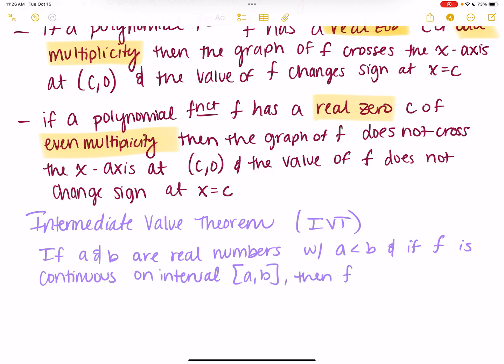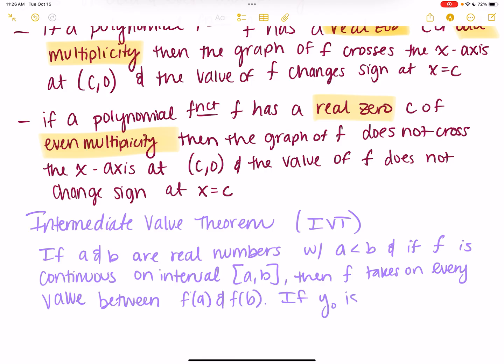then f takes on every value between f of a and f of b, if y sub 0 is between f of a and f of b.